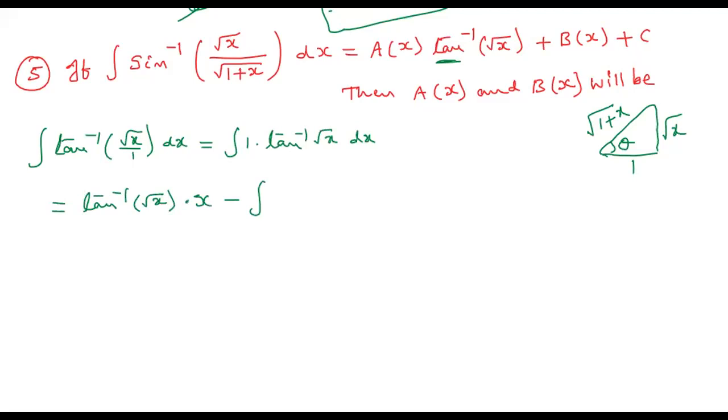The derivative of tan inverse x means 1 by 1 plus x square. Here x will come. And the internal derivative, the derivative of root x, that is 1 by 2 root x, into integration x dx.